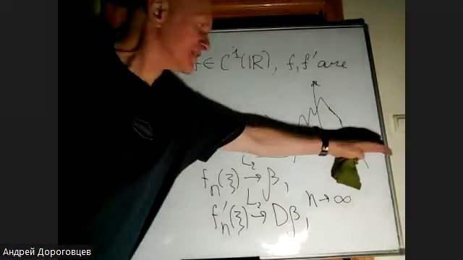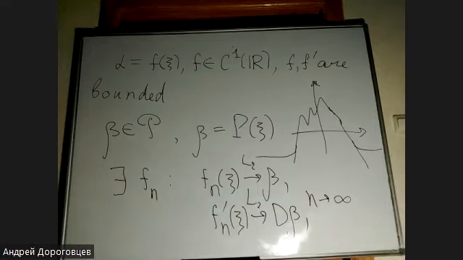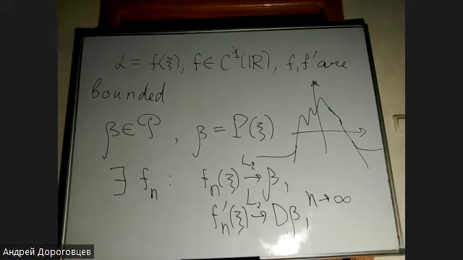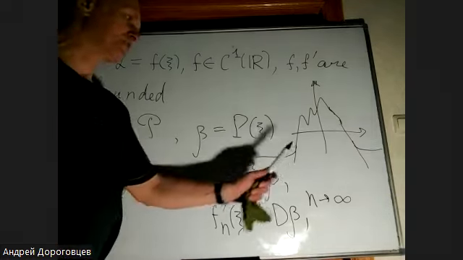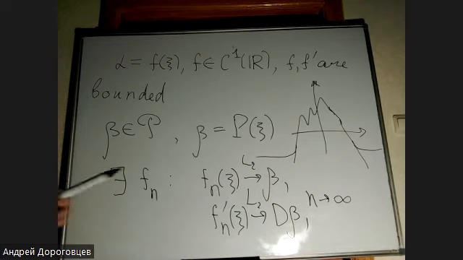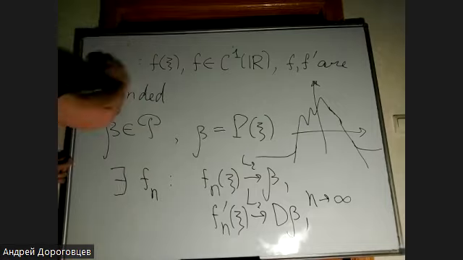We just cut the polynomial at some level, then smooth it with the help of an infinitely differentiable function. You face such a construction a lot of times in the course of equations and partial differential equations and in the course of analysis. So we just do such an approximation, and then we have such kind of convergence.